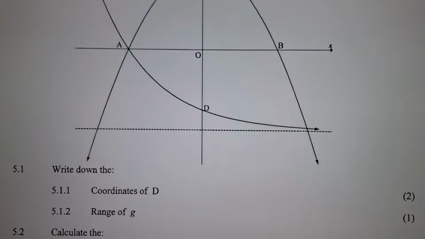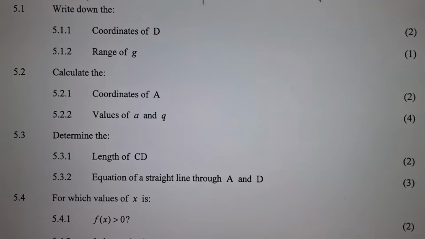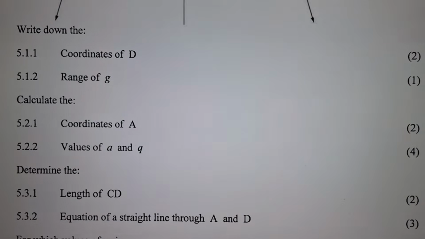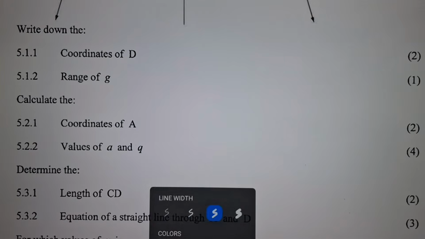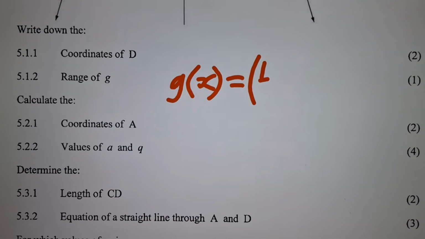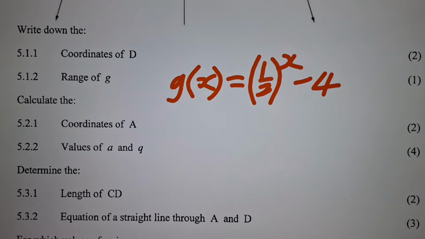Okay, then let's write it down. Let me write that equation here, G(x), so that we can use it for the coordinates of A. It's going to be G(x) equals (1/2) to the exponent x minus 4. Don't forget y.